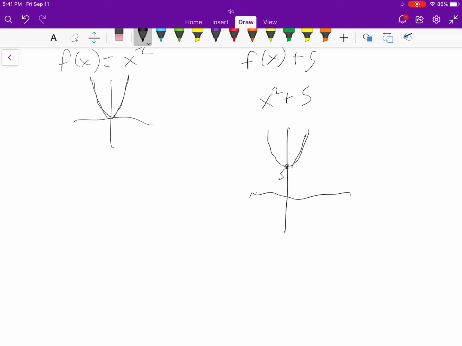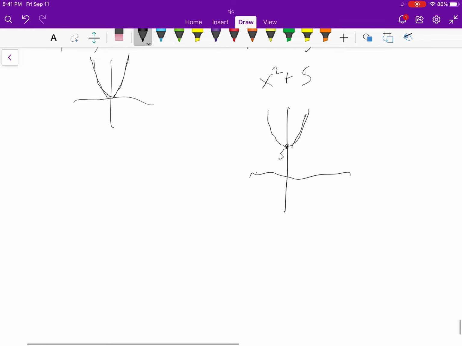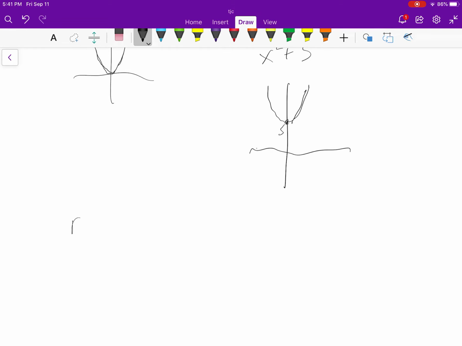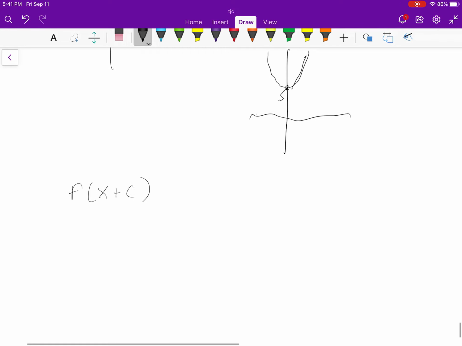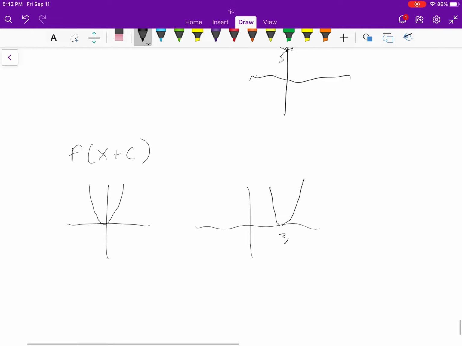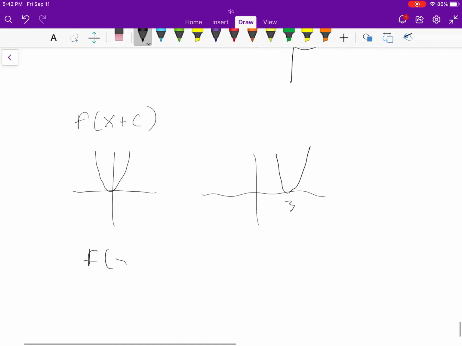Well, what about a horizontal translation? If we want to do horizontal, instead we're going to add on the inside. So a horizontal translation is f of x plus c on the inside. If we take, again, our function x squared, and we want to move it to the right, say, 3 units, then that's going to be f of x minus 3.